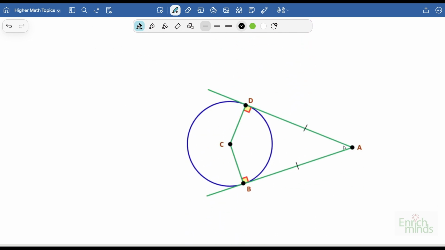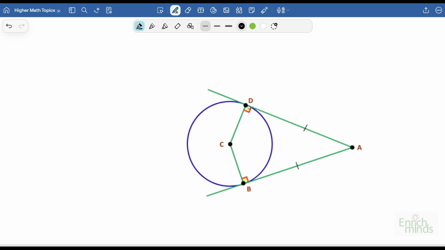The next theorem says, if there is an external point A and you're drawing tangents from this external point to the circle, then the lengths of these two tangents will be the same. To be precise, the length of the tangent from the external point A to the point of contact of the tangent. This point D is the point of contact of the tangent to the circle, where the tangent is touching the circle.